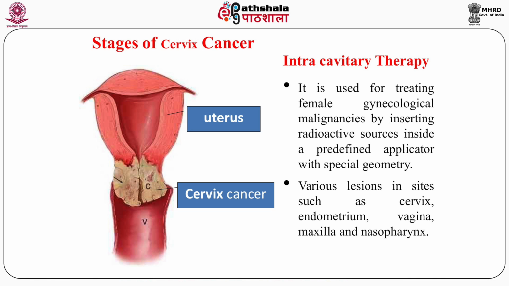This is a figure of different staging, which shows the different staging of carcinoma cervix. It is used for treating female gynecological malignancies by inserting radioactive sources inside a predefined applicator with a spatial geometry. Various lesions in sites such as cervix, endometrium, vagina, maxilla and nasopharynx can be treated.